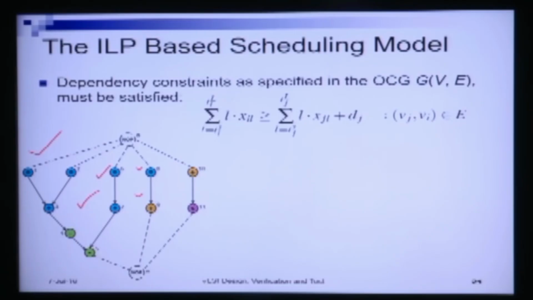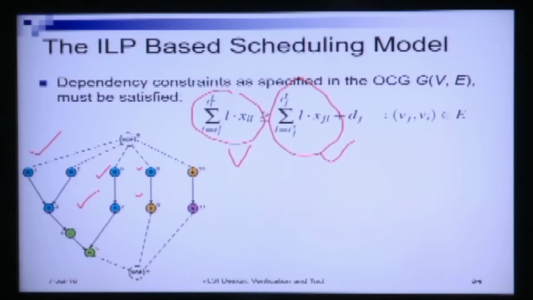So, how do we say that? As we said in the previous slide, this represents the start time of operation J. So, the left one indicates the start time of operation I, and this represents the start time of operation J. The start time of operation I should be after operation J starts and the whole propagation delay of the jth operation is also crossed.